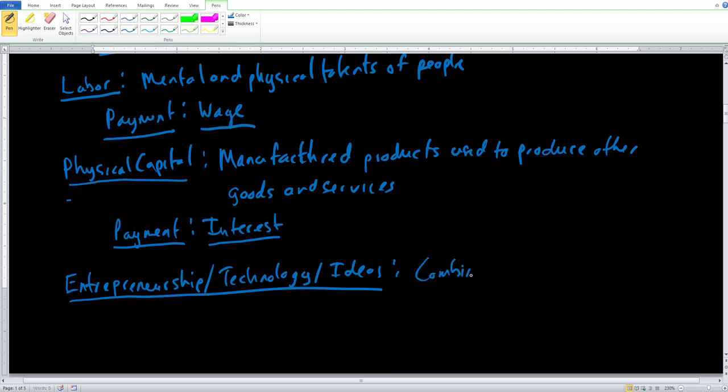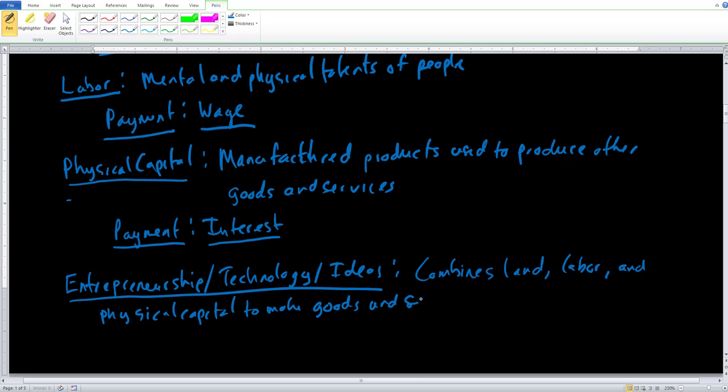So they are the ones that combine land, labor, and physical capital to make goods and services. So here, they take all the other factors of production, land, labor, and physical capital to make the goods and services that we want in the marketplace or in the economy.